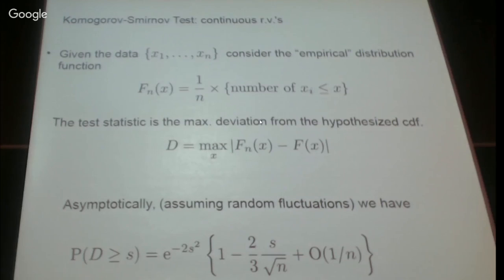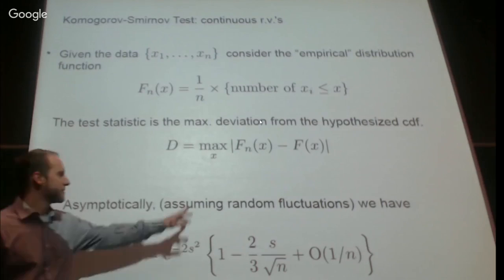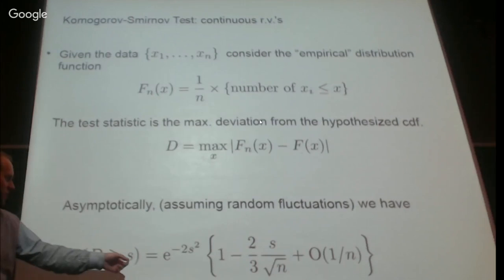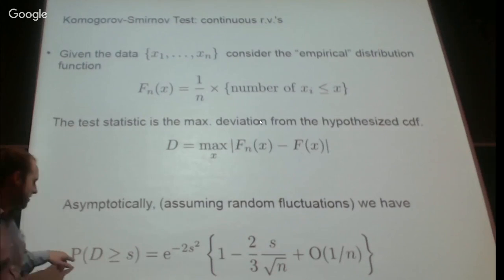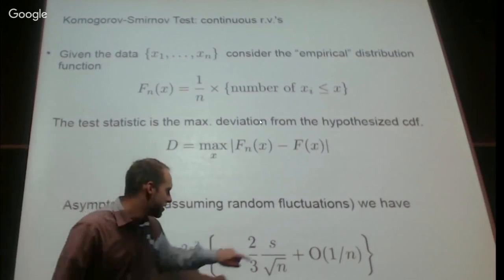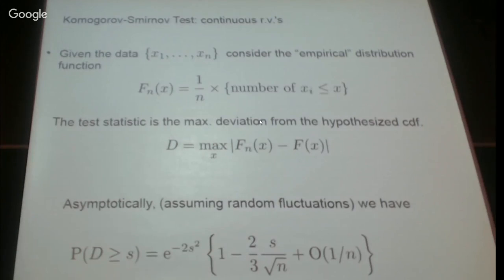Again, you'll get one value of D by finding the max value. Yes. And then if n is large and you feel like using the asymptotic formula, you can just plug it into here. This is your observed value of D. So you know that this is a CDF here, even though I've written it a bit differently. So just plug in your observed value of D here, and then you get a probability.